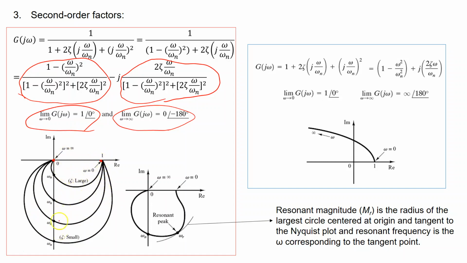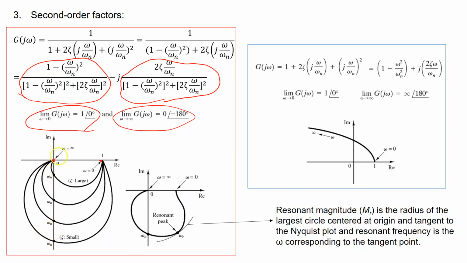And here you see different curves for different values of zeta. As zeta gets bigger and bigger, the curve span gets smaller and smaller because the damping in the system goes up. And here, the point where the real value goes to 0 clearly is omega equal omega n, right?